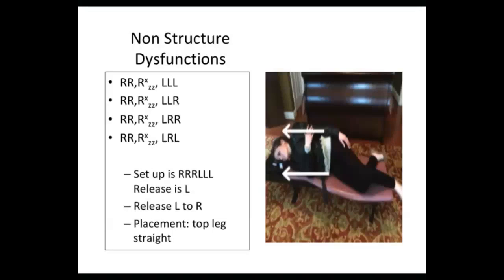And basically, I showed you any type of misalignment possible. If you have a structural misalignment, you have the bottom leg straight. If you don't have a structural misalignment, you'll have the top leg straight. And you'll understand why, because in this one you want to move the structure towards center. In the other one, I want to integrate structures.